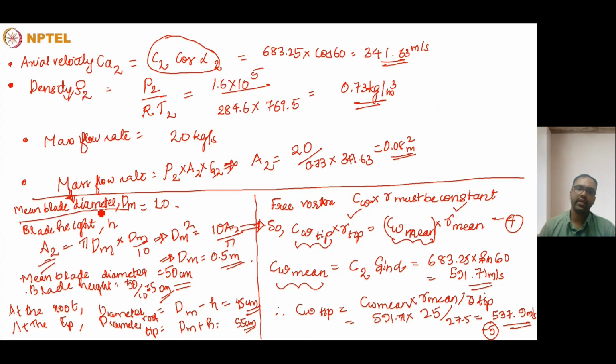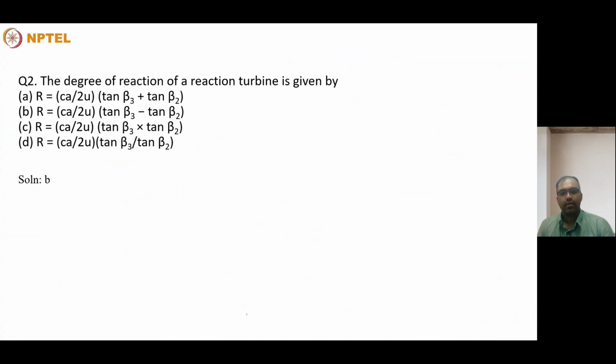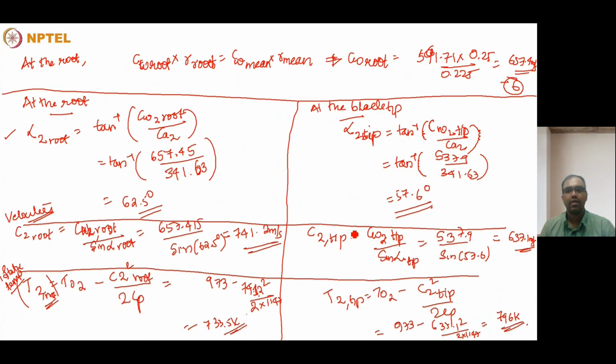Using further analysis, we can calculate the temperature, velocity, and the discharge angle at the blade tip as well as the blade root. What we use is the free vortex criterion, that the tangential component of the velocity multiplied by the radius at which it is considered will be a constant. Okay, so that completes the first problem.